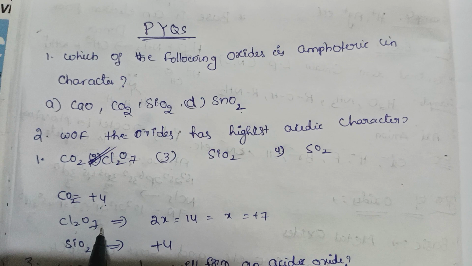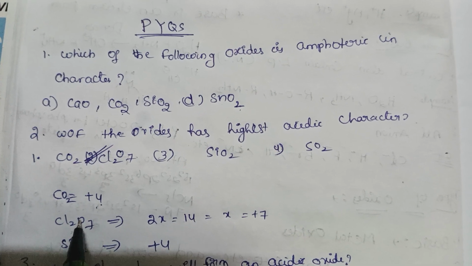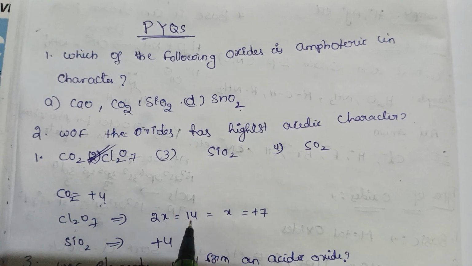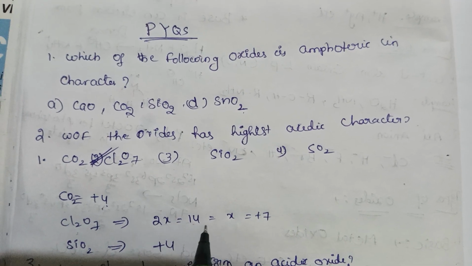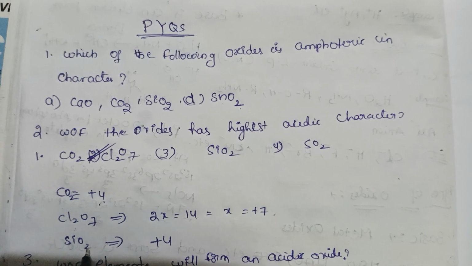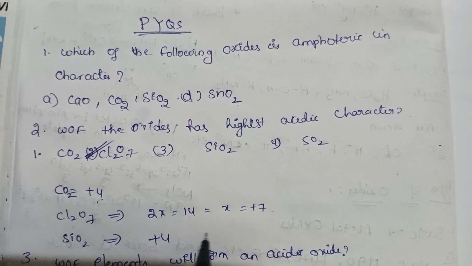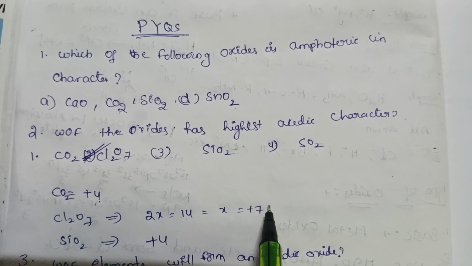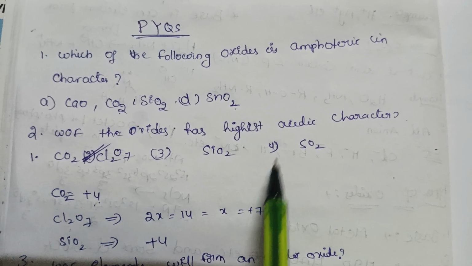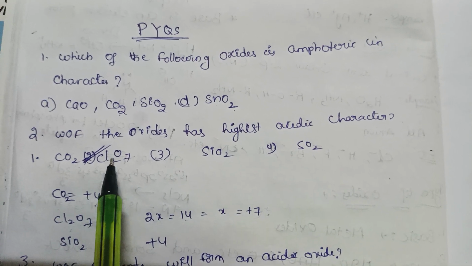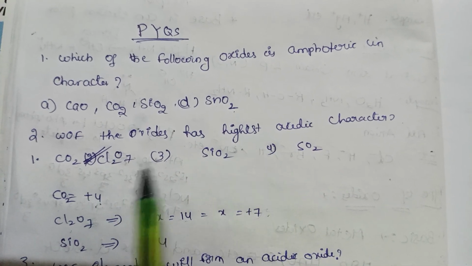In Cl2O7, 2x equals 7 times 2, so x is 7. SiO2 also has +4 oxidation state. The higher the oxidation state, the higher the acidic character, so the acidic character is directly proportional to oxidation state. So Cl2O7 has the highest acidic character.